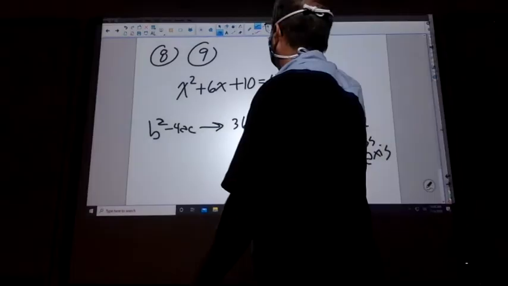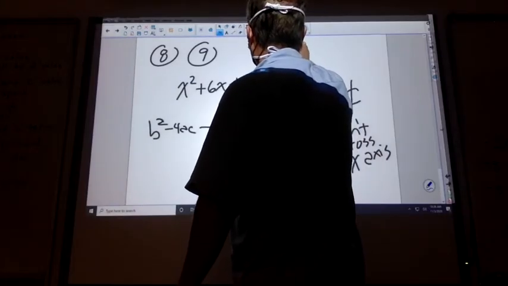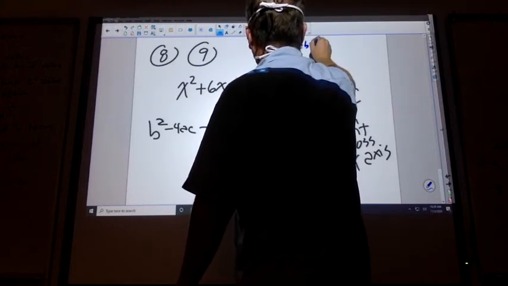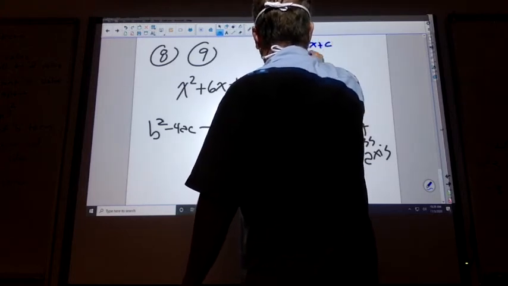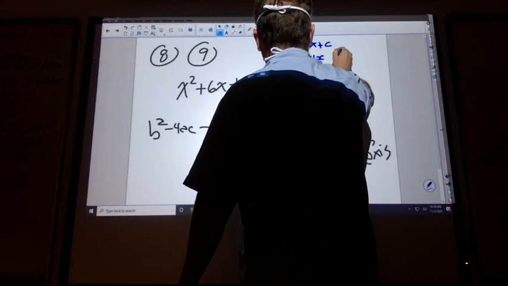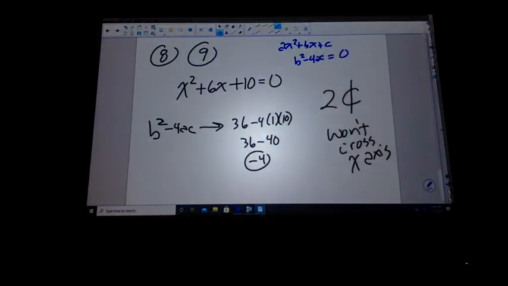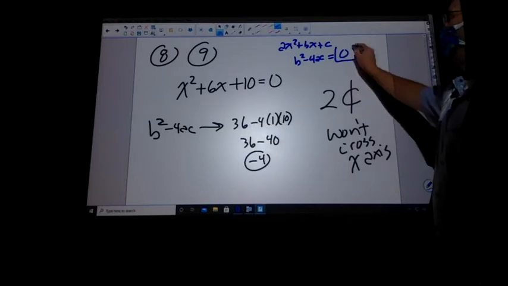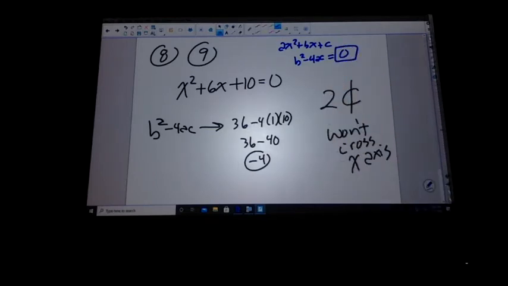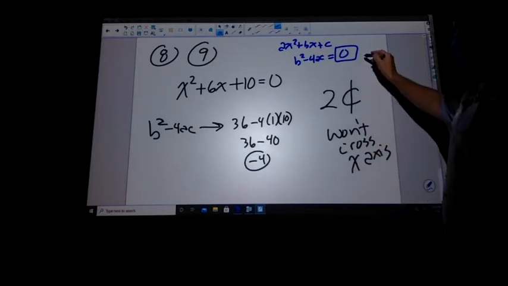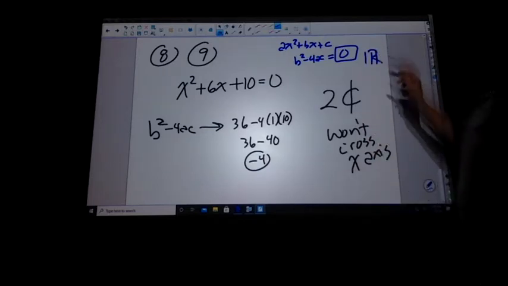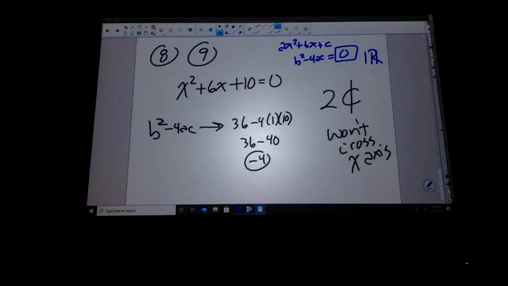Let's say I work this out, and I'll just make this up, and let's say that b squared minus 4ac is equal to 0. What can you tell me about that scenario? Using that same language, the discriminant is 0. How many solutions and what kind? 1 real.